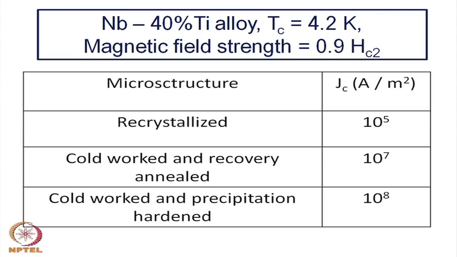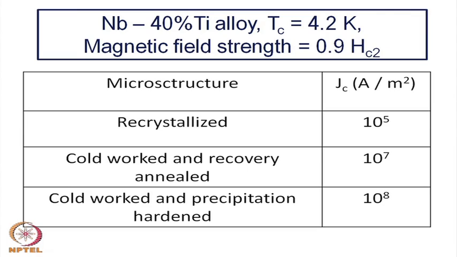So, slightly lower, about 10% lower than the Hc2 value, that is the highest value up to which one can expect superconductivity. So, if it is a recrystallized material, recrystallized is once again a metallurgical term.